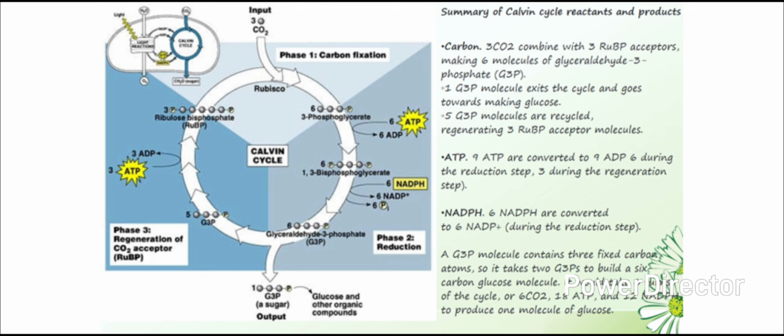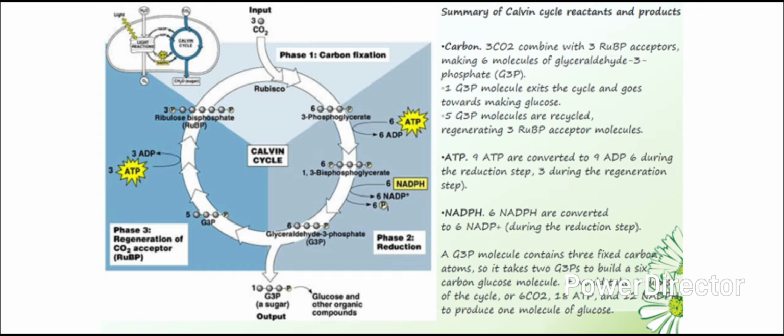ATP: 9 ATP are converted to 9 ADP, 6 during the reduction step, 3 during the regeneration step. NADPH: 6 NADPH are converted to 6 NADP plus during the reduction step.